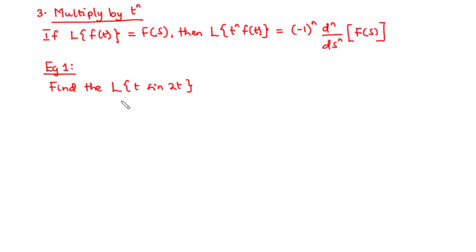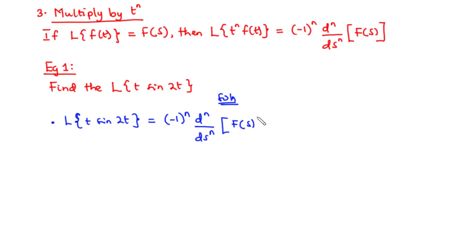So we have an example here. We are asked to find the Laplace transform of t times sine 2t. So let's try that as we try to explain what this property is all about. So we have the Laplace transform of t sine 2t, and that is given by the property as negative 1 to the power n times d^n over ds^n of capital F of s.